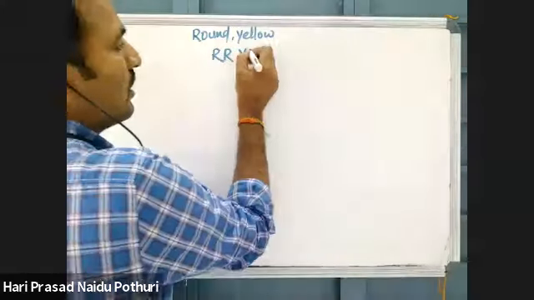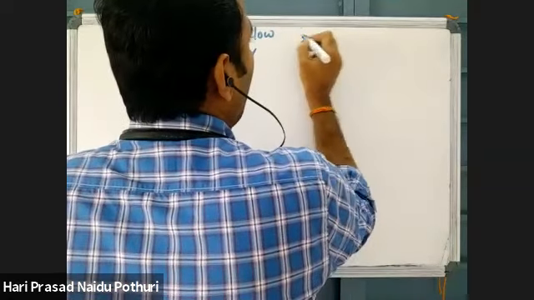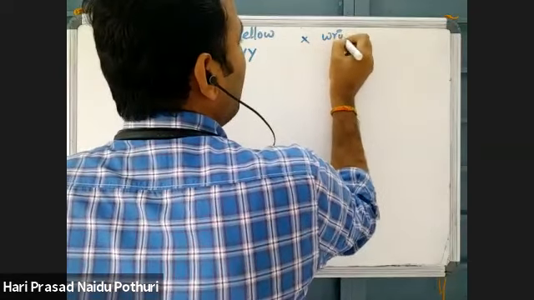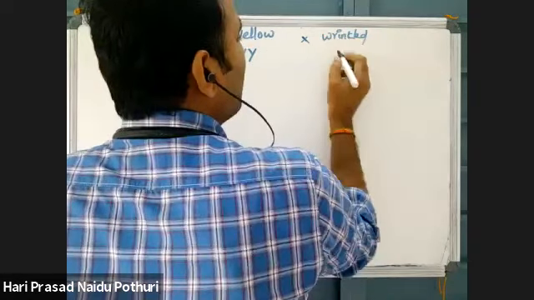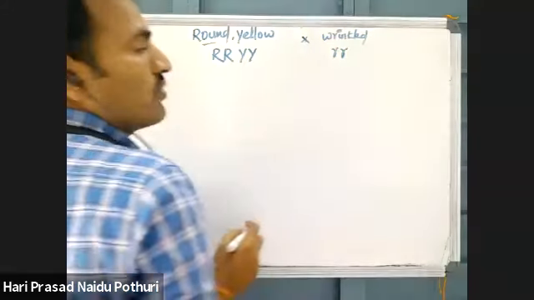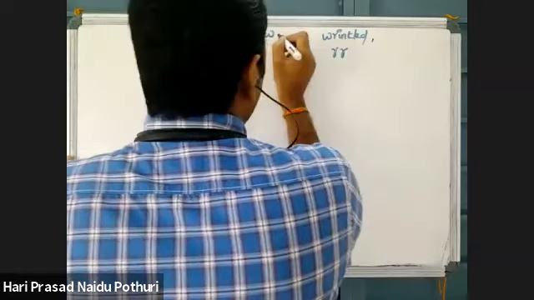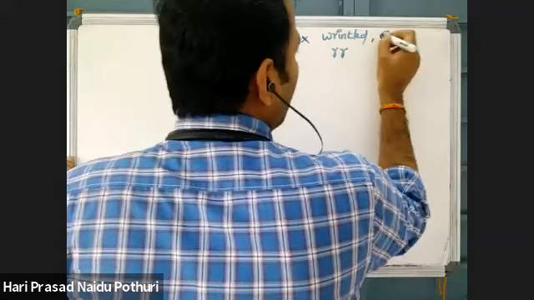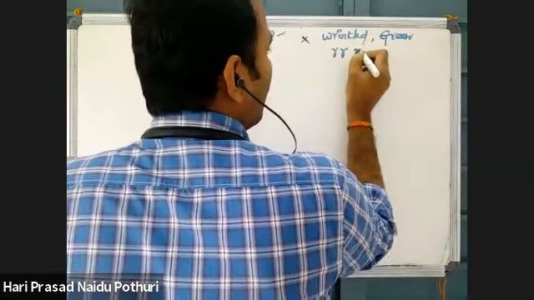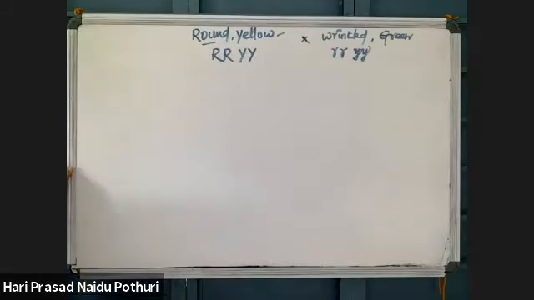This is crossed with wrinkled, where round is dominant whereas recessive is wrinkled, small r. Then yellow seed color is dominant, whereas green seed color is recessive, small y.